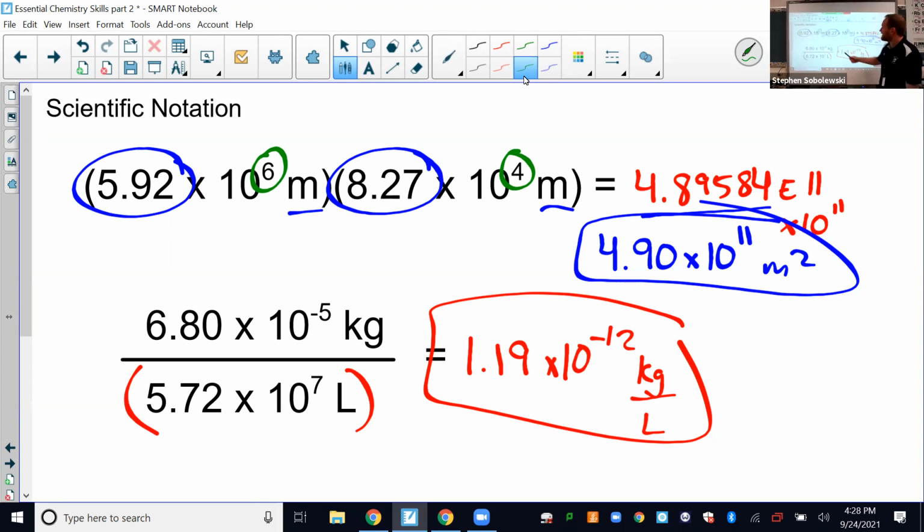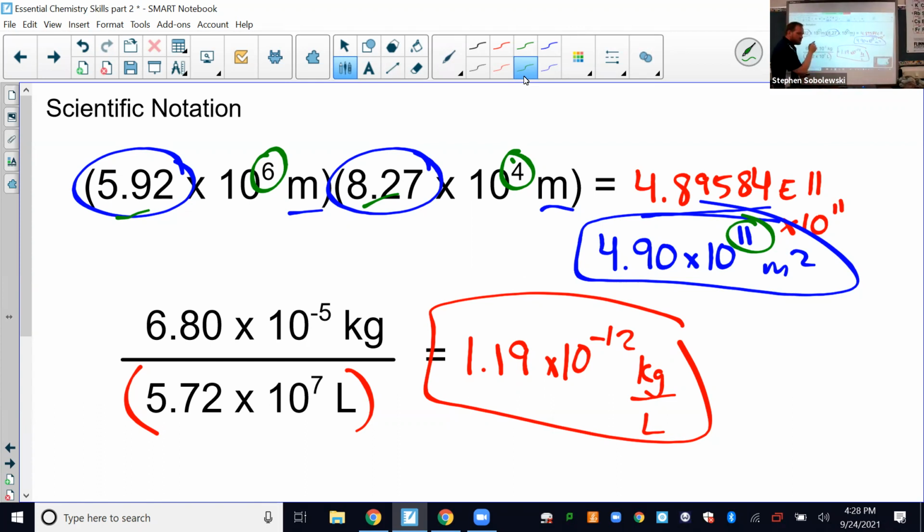Well, because technically, when you multiply these together, the front numbers multiply to give you something like 5.92 times 8.27. That's going to be something like 50 or so. And since that's more than 10, it ticks your number up one. But the point is, you're always going to be within 1. So you see how when you added 6 and 4, you get times 10 to the 11th? It's within 1. So that means we're good. Okay, you know it's correct.